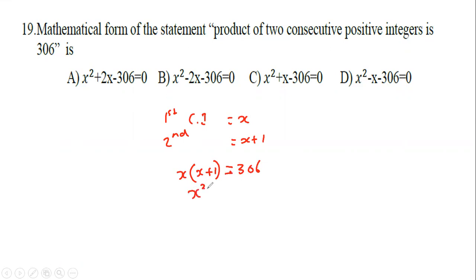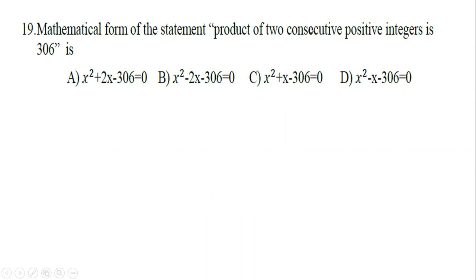So it will become x square plus x minus 306 is equal to 0. So which option is right? So option C is correct.